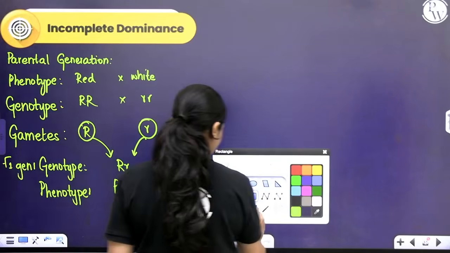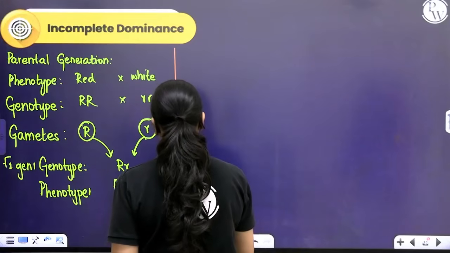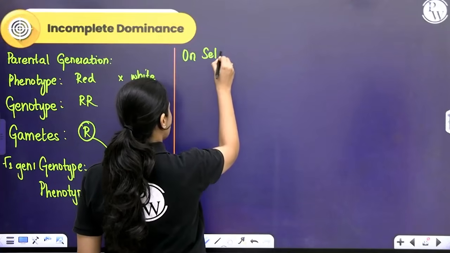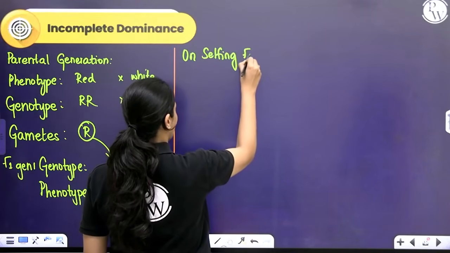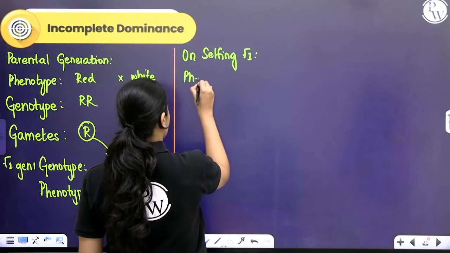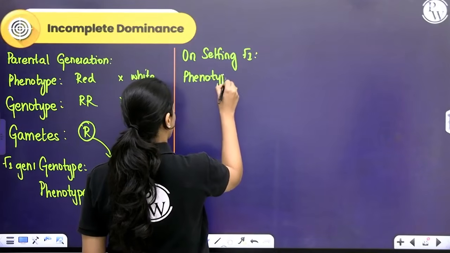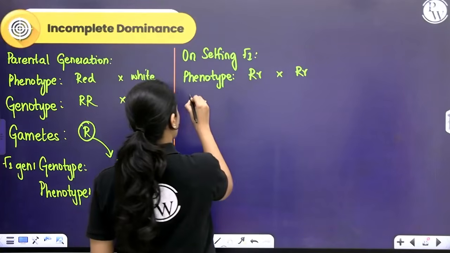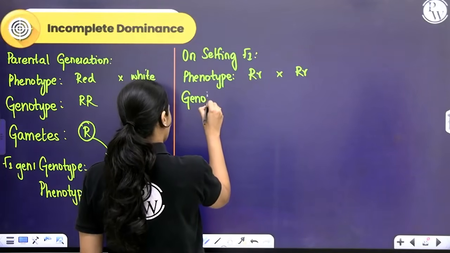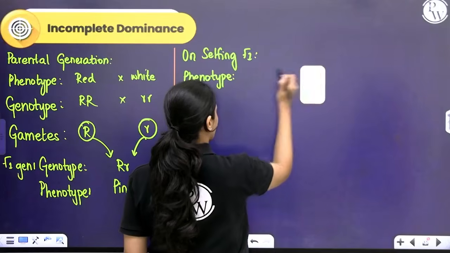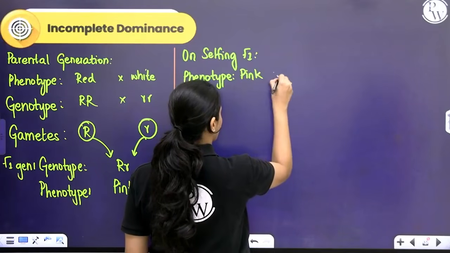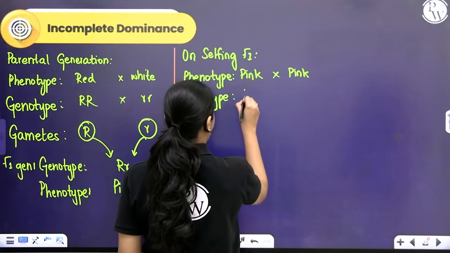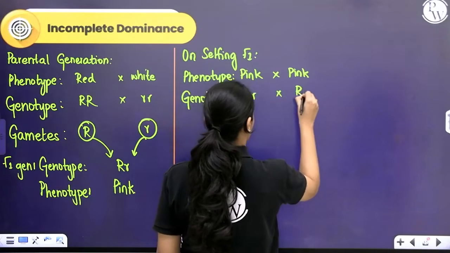What are we going to do next? We are going to allow the F1 generation to undergo self-pollination. On selfing F1, what do we have? The phenotype is pink crossed with pink. The genotype would be capital R, lowercase r crossed with capital R, lowercase r.